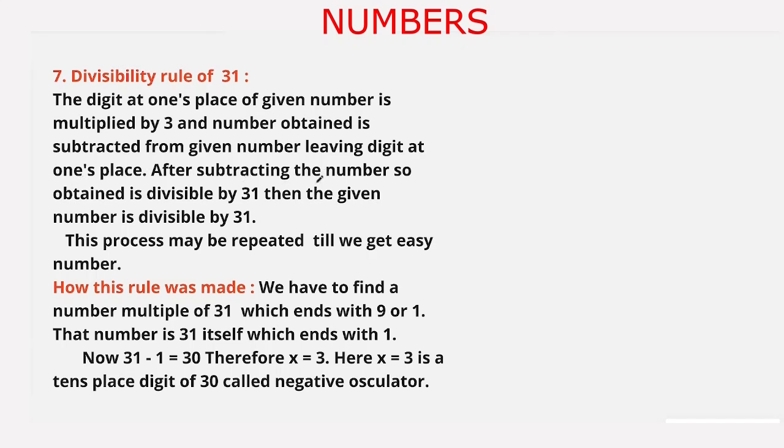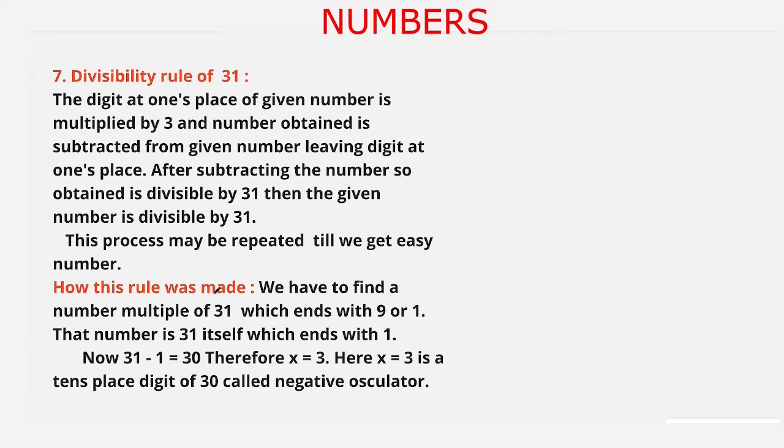If after subtracting, the number so obtained is divisible by 31, then the given number is divisible by 31. This process may be repeated till we get an easy number.